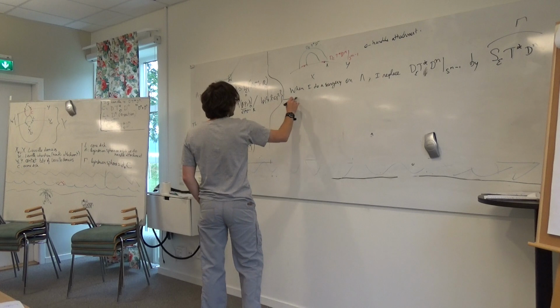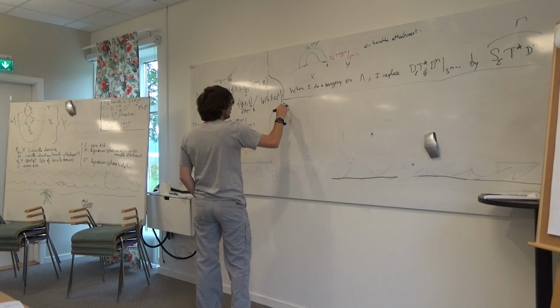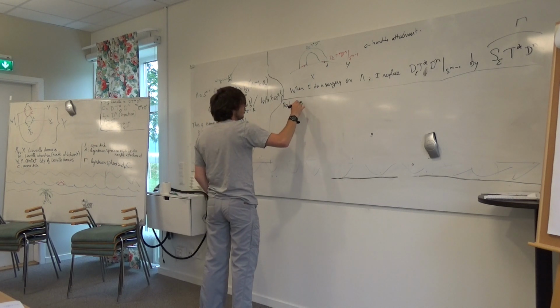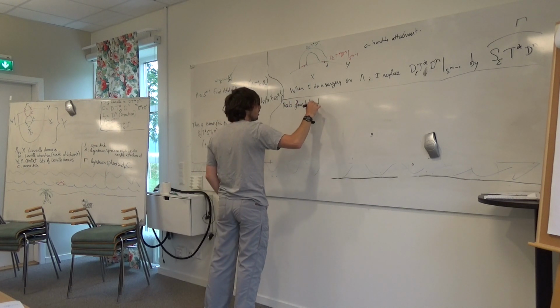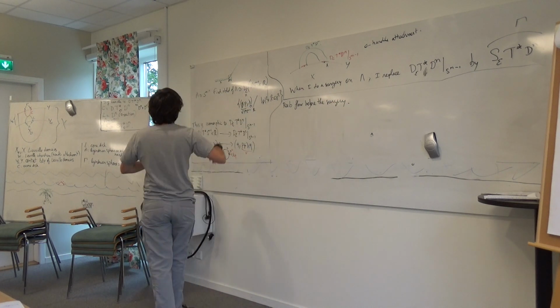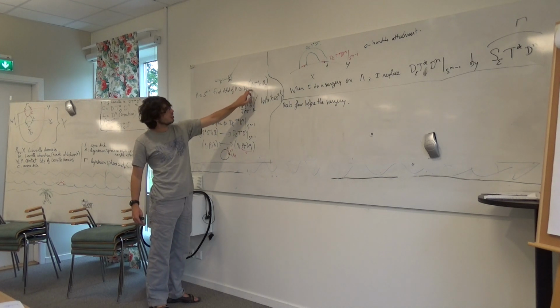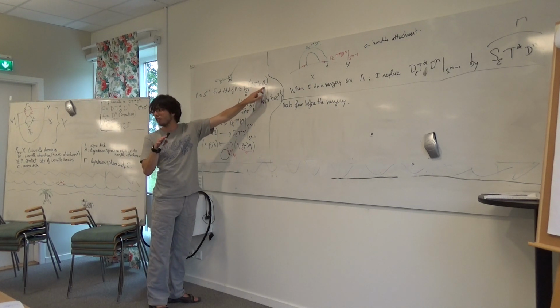So the Reeb flow before the surgery: near lambda, it was just the usual Reeb flow of a one-jet space.